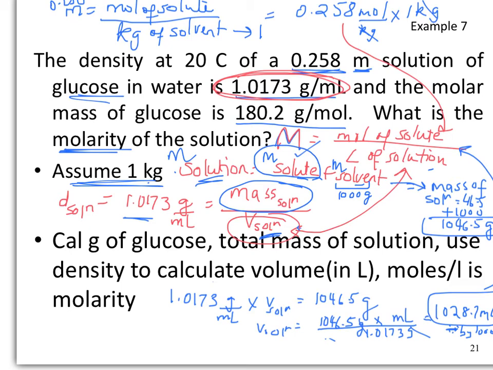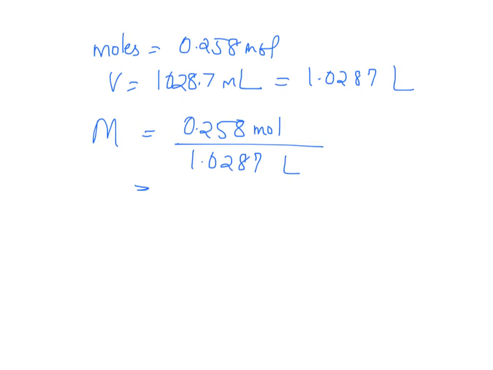So when you plug in the numbers of the moles and the volume, you are going to get your final answer in moles per liter, or you can write a simple capital M to show your final answer. So I'm punching in 0.258 divided by 1.0287.